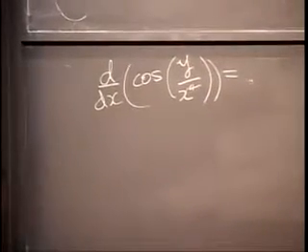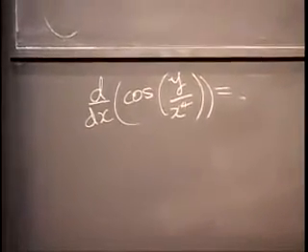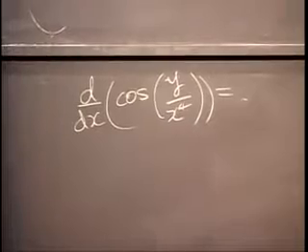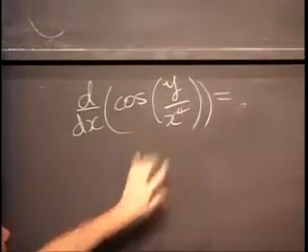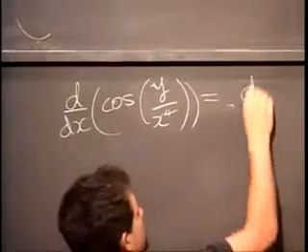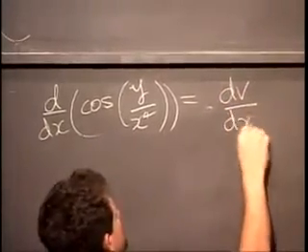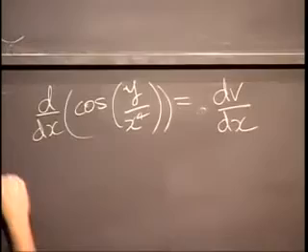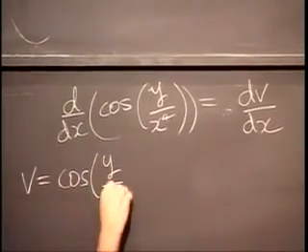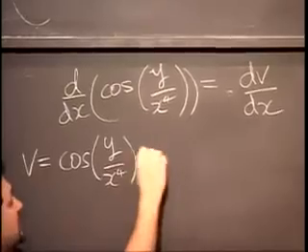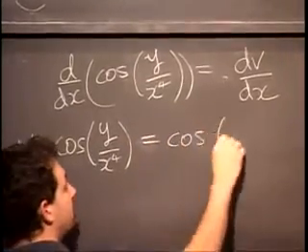Well, how do we deal with that? What do I want to call it? I would like to call this quantity v. Well, I've already done that. And I'd like to think of v as cosine of t. I need to pull out another variable.